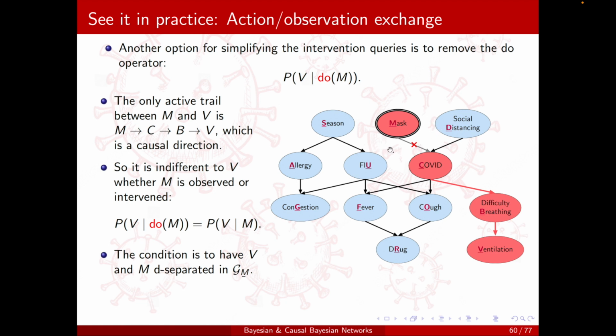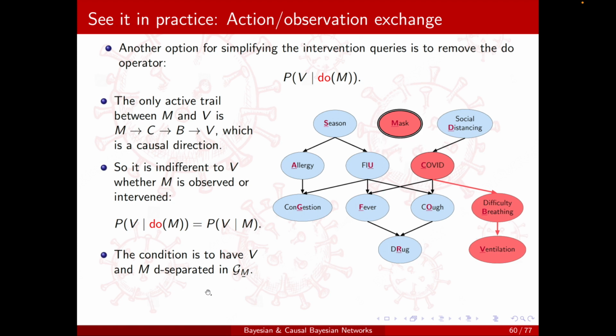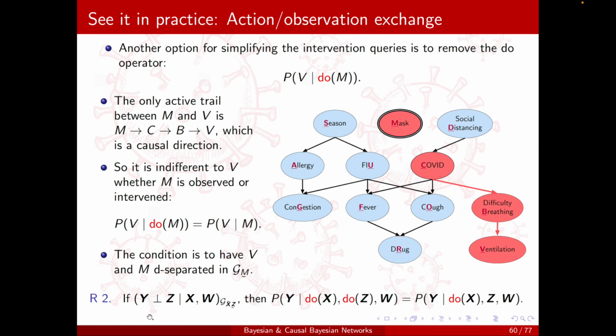So intervening on M or observing it will be the same. I'm not saying I will completely remove M. I'm just saying that the only possible impact of M on V is via its causal direction, because it was independent once I removed this edge. So I can remove the do operator. And there we go with our second rule, which just generalizes our observation.